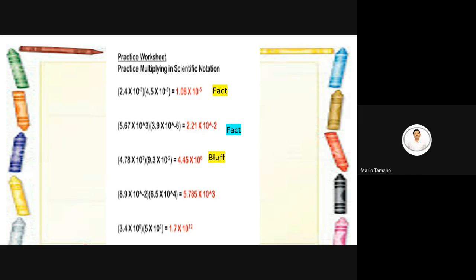So, dapat to the 6, no? 7 plus negative 2 is 5. Tapos nag-move tayo, nag-shift ng decimal one place to the left. And that is 5 plus 1. Okay, next, number 4.